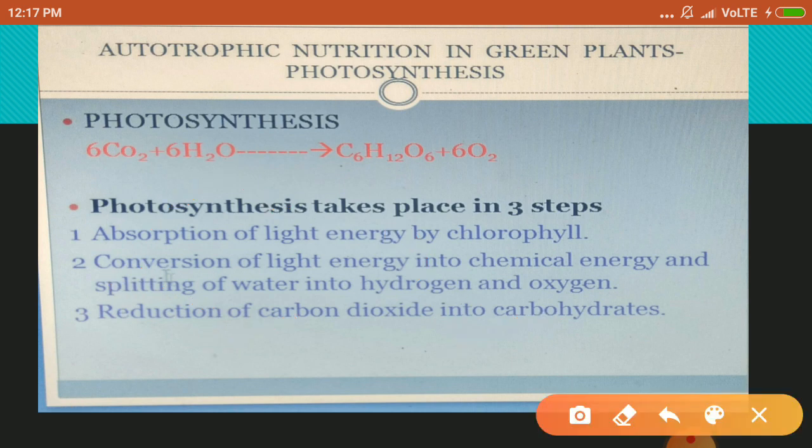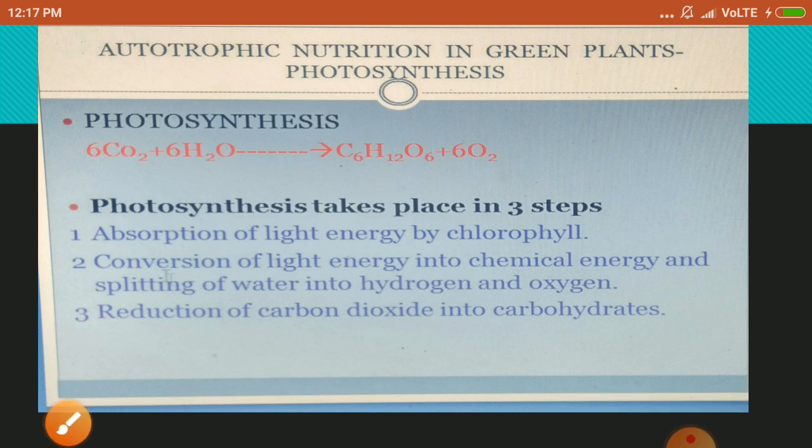Next is reduction of carbon dioxide into carbohydrate. Thus, photosynthesis takes place in these steps.